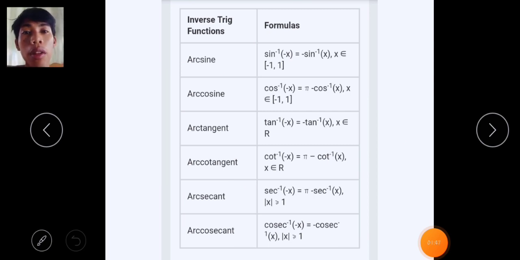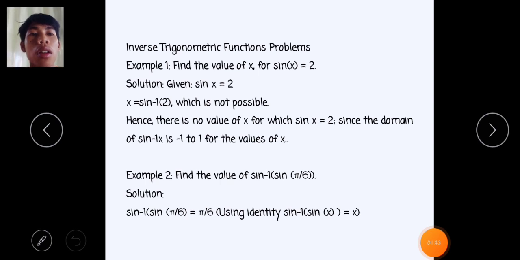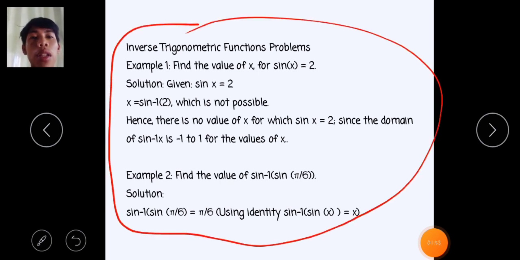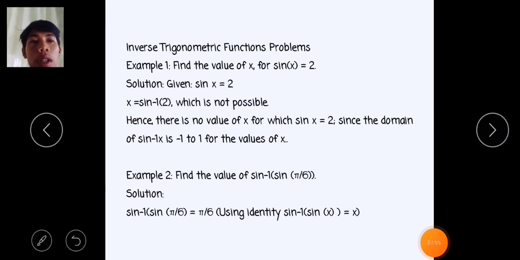So let's proceed to examples. Here are some examples of inverse trigonometric problems. Number 1: find the value of x for sine x is equal to 2. For our solution, given that sine x is equal to 2, then x is arc sine of 2, which is not possible.